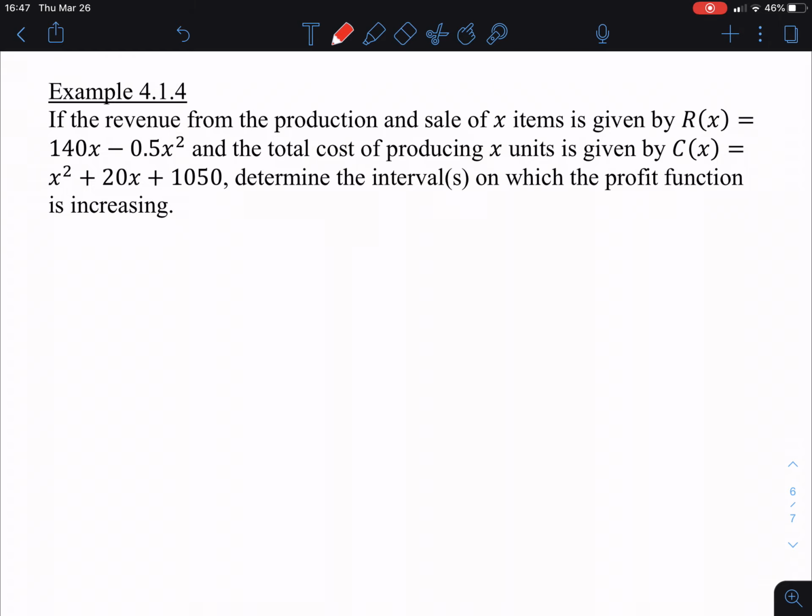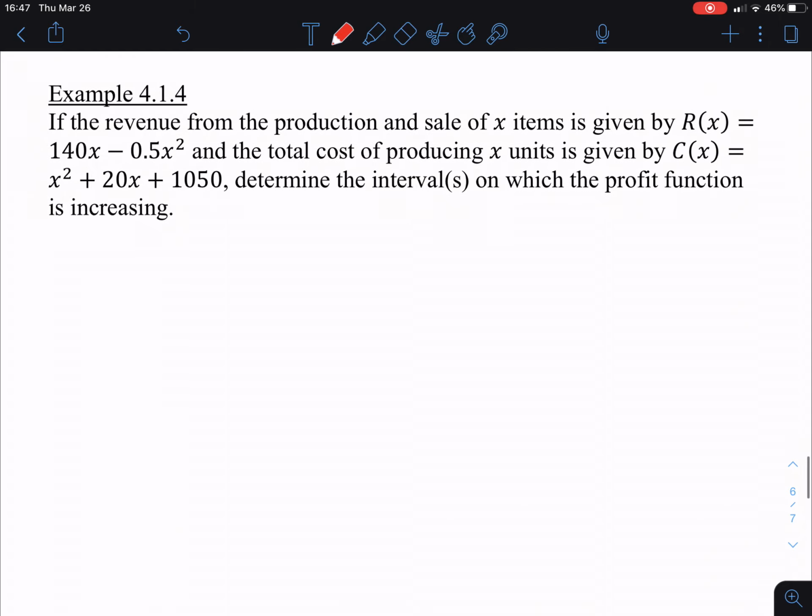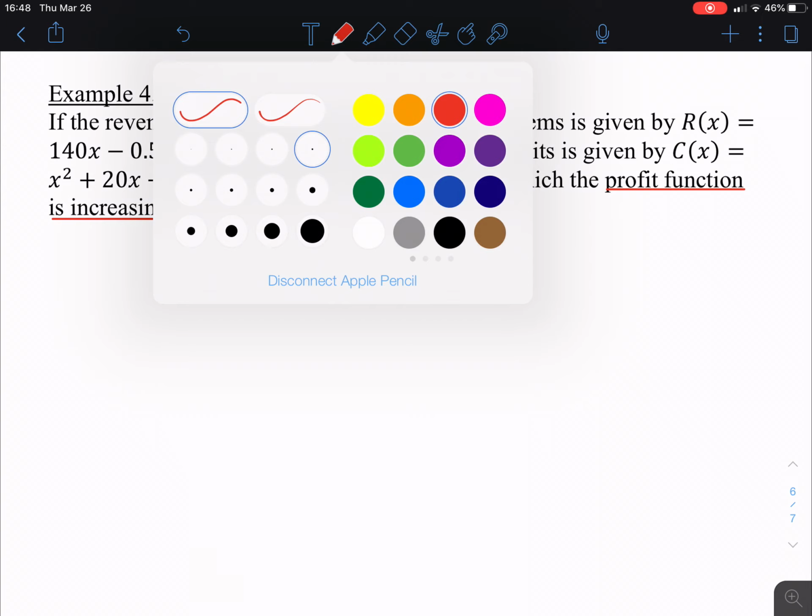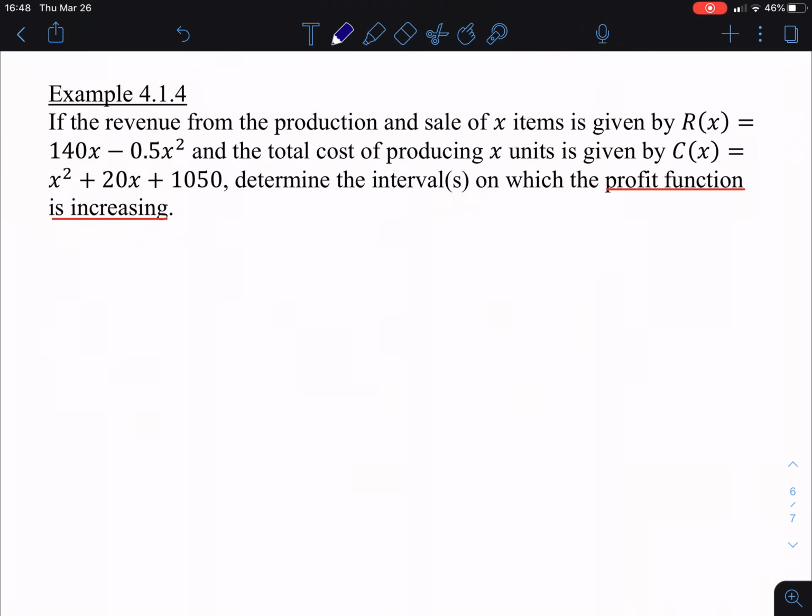So what we want to know is where the profit function is increasing. So we need to know what the profit function is. Remember, our profit function is always given by our revenue function minus our cost function.